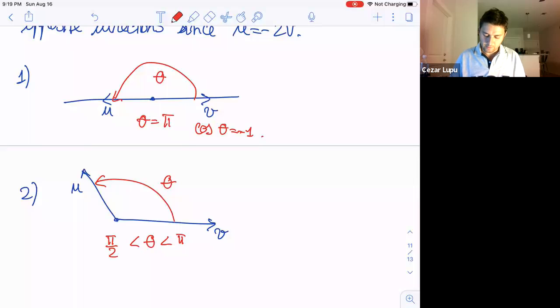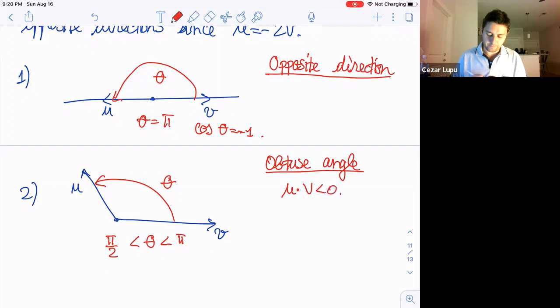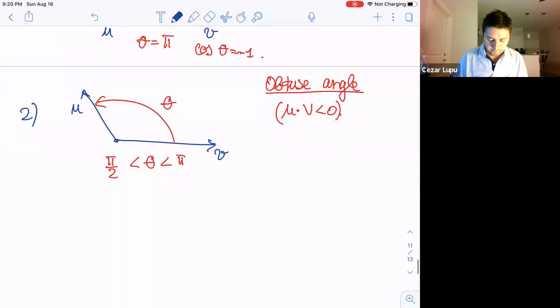The first one was the opposite direction, and this is the obtuse angle. In this case, the dot product u dot v will be less than 0.